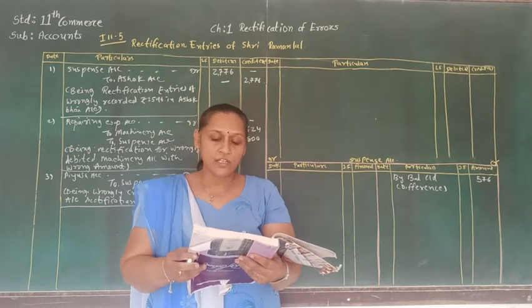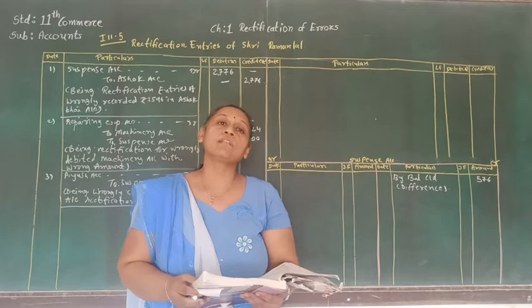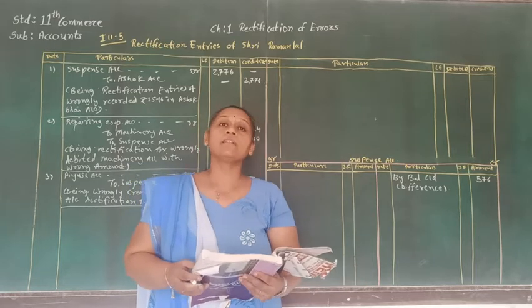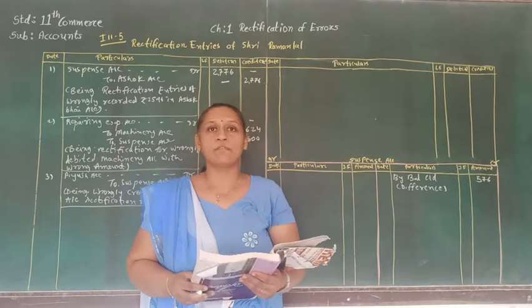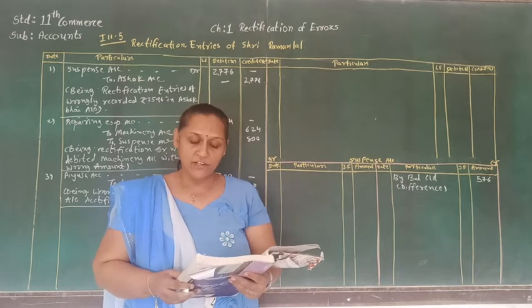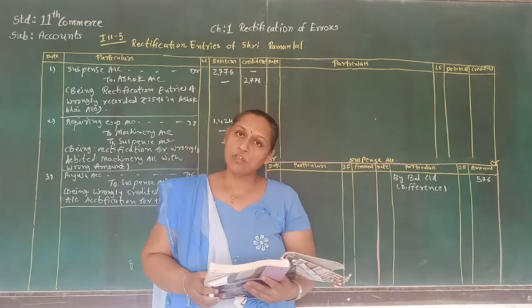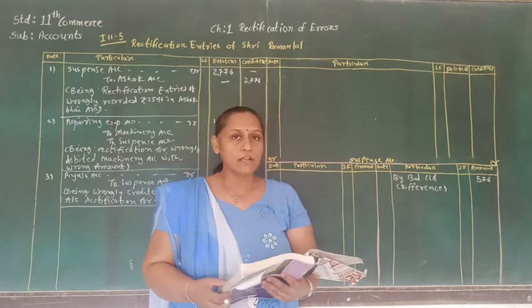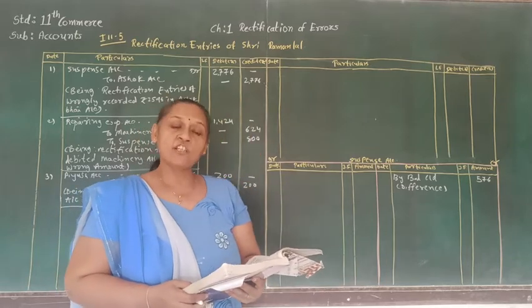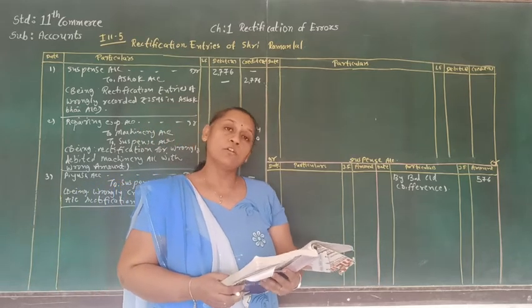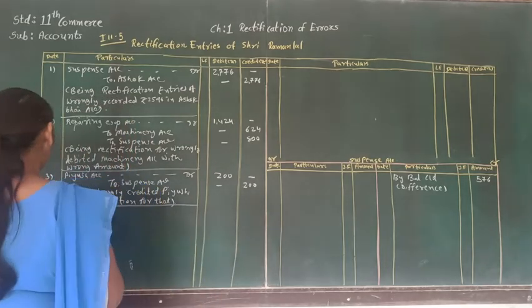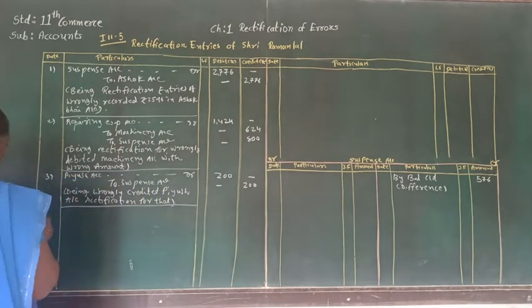So here Narendra account is going to be debited by 1828. Mahendra account, which is wrongly debited, will be credited for the rectification, and the difference will be taken to the suspense account. So here the journal entry will be Narendra account debit to Mahendra account, to suspense account. Let's pass that rectification entry.